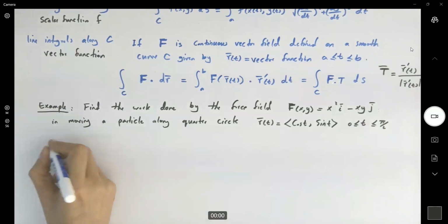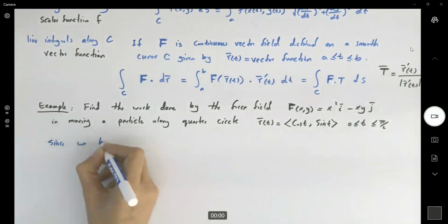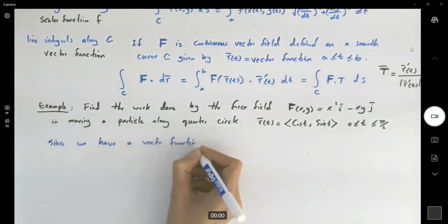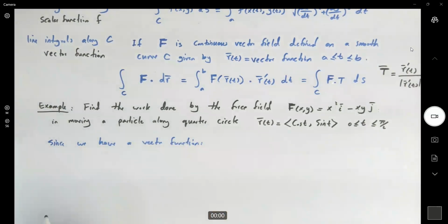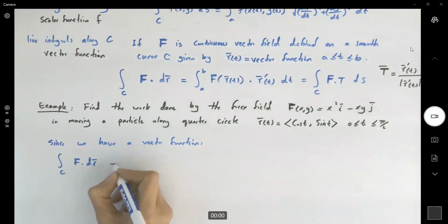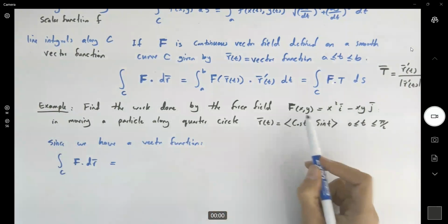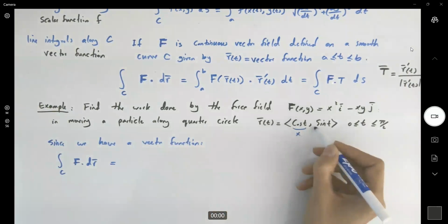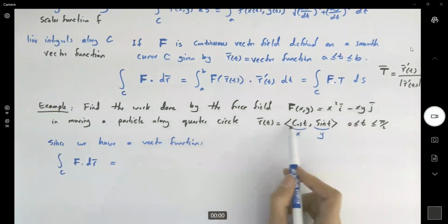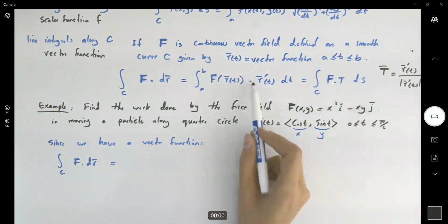Since we have a vector function, the line integral f dot dr along C. Well, here I have my x, I have my y, and I'm going to do the substitution here and then multiply that by the derivative of the vector, the dot product.